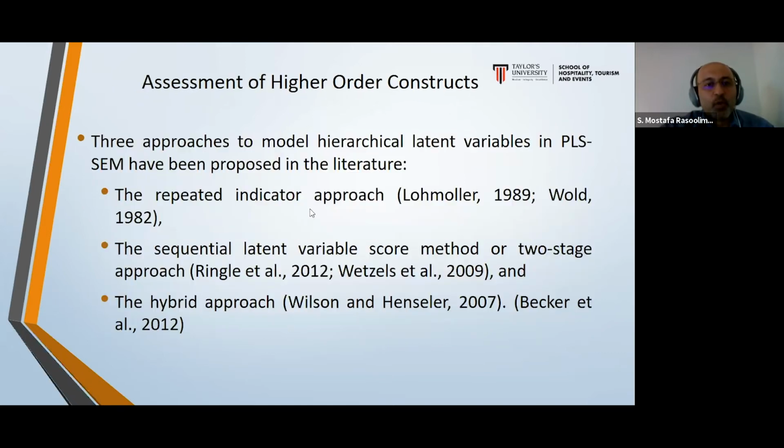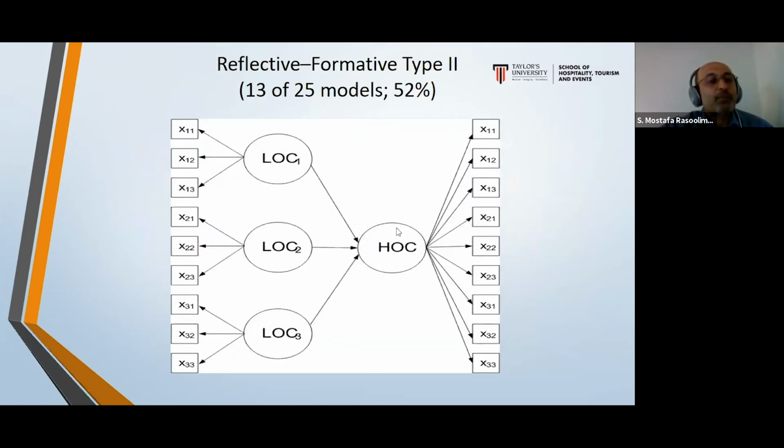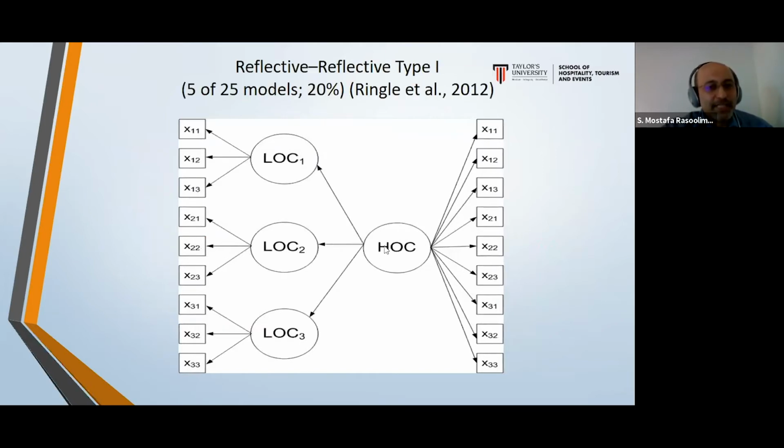Repeated indicator approach actually means, for example, for this one, we have 9 items that measure these 3 dimensions, and these 3 dimensions measure this higher order construct. Using repeated indicator to establish a higher order construct, we need at least 1 item.